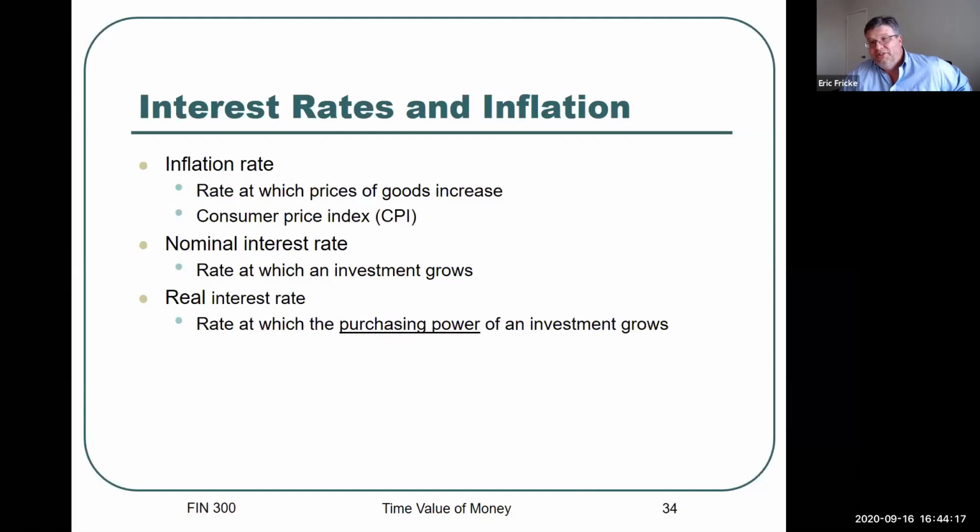So real interest rates take into account inflation, and by putting your money into a 1% savings account, you're actually losing purchasing power because inflation was higher than the return you got on your money. That's why we use real interest rates, to help us figure out how we're doing in terms of our purchasing power.